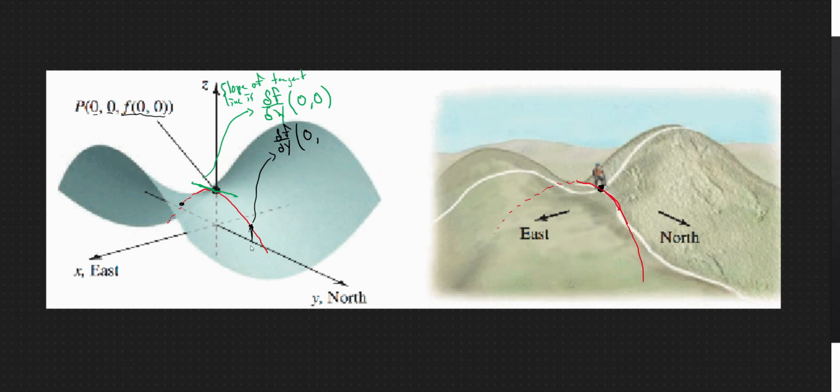Let's say in general I'm at some point b along the y-axis. Let's keep it nice and general. And that gives us the slope there. That's the slope again.